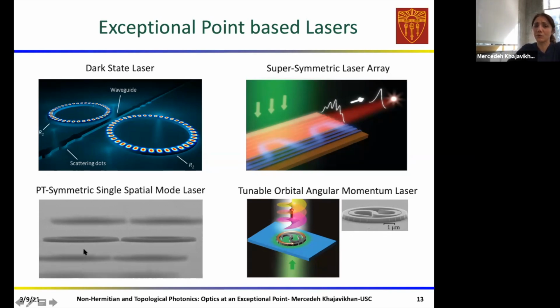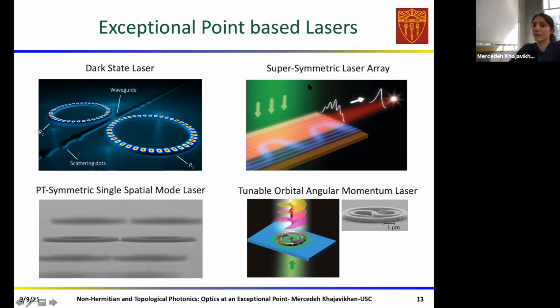We used this concept to show that even if you have a broad area laser, you can use this thresholding, given to you by the various modes and their coupling versus the amount of gain and loss, as a way to make these multi-mode broad area lasers become single moded as well.